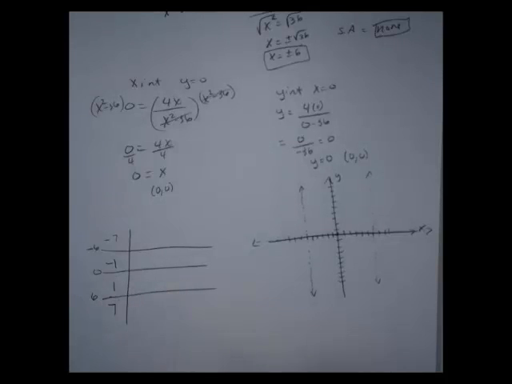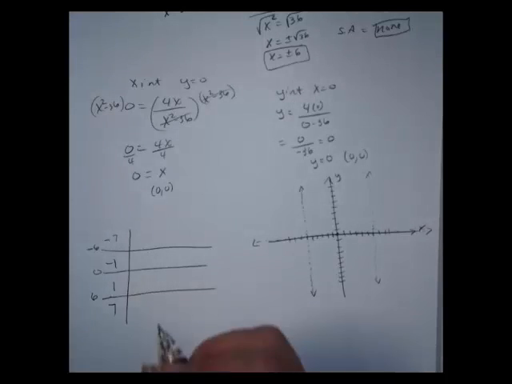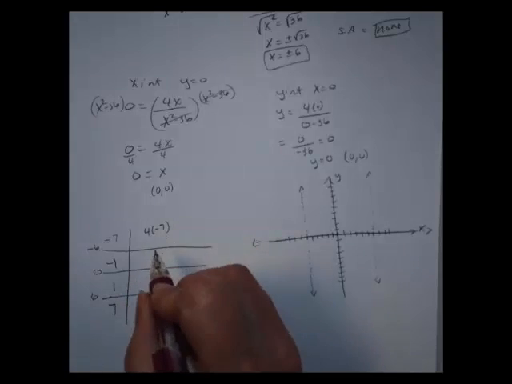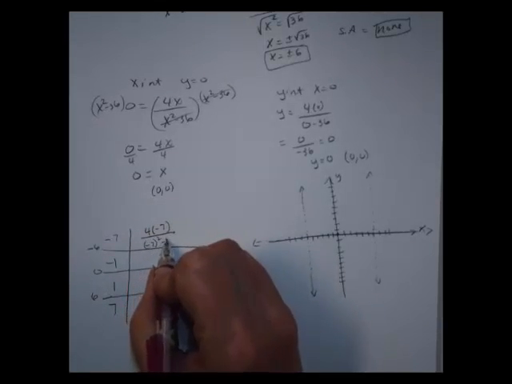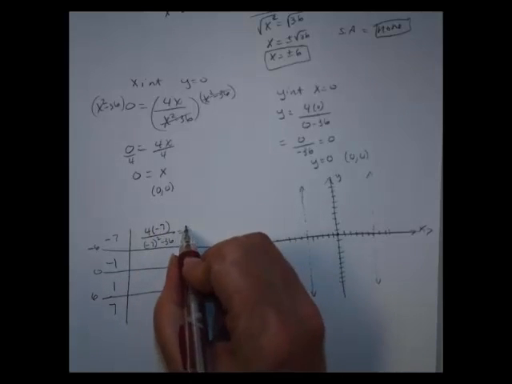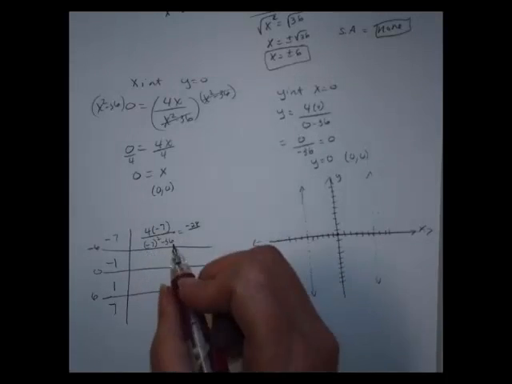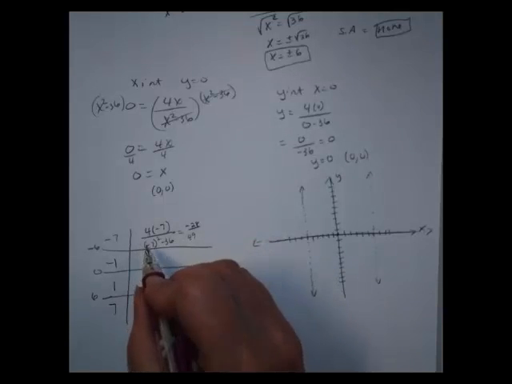Now I'm going to plug these values into my original function to figure out what the value is. So I'm going to have 4 times -7, because that's where my x is, divided by -7 squared minus 36. 4 times -7 gives me -28, and -7 squared, remember, is 49, positive because squaring a negative.